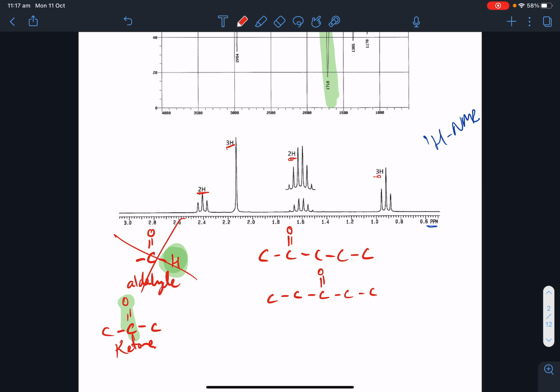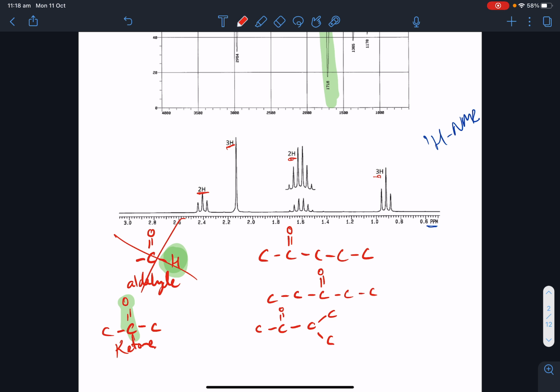We haven't established that it's a straight chain yet, but we can check it. It could have branches, so should we draw them in anyway? 1, 2, 3. Well, we can't put a branch on that second carbon, but we could go 4, 5. I think that's the only other option that we could have there.